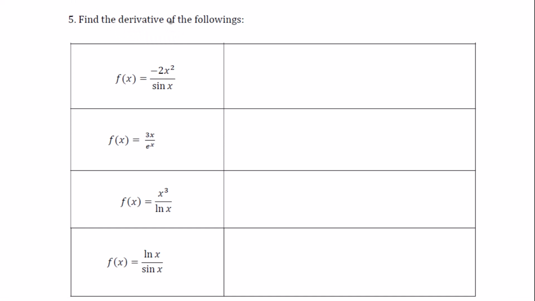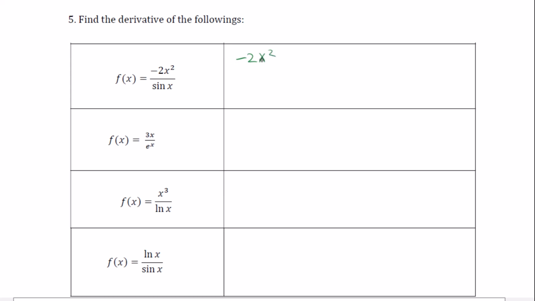Find the derivatives of the following. f of x equals negative 2x squared over sin x. We have to use the quotient rule of derivatives.